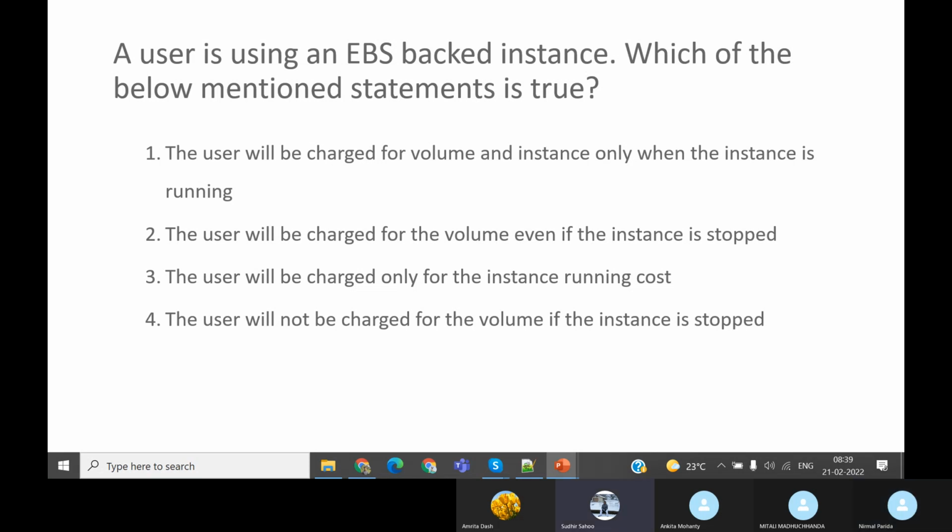The user will be charged for volume and instance only when the instance is running. The user will be charged for volume even if the instance is stopped.